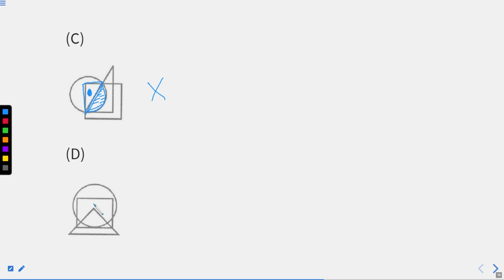Similarly for the next figure, we need circle and square having a common area, this. So, we can place 1 dot here. For circle and triangle, the common area is this, but it is completely inside the triangle. Hence, this is not the appropriate situation. Hence, option B is your answer.